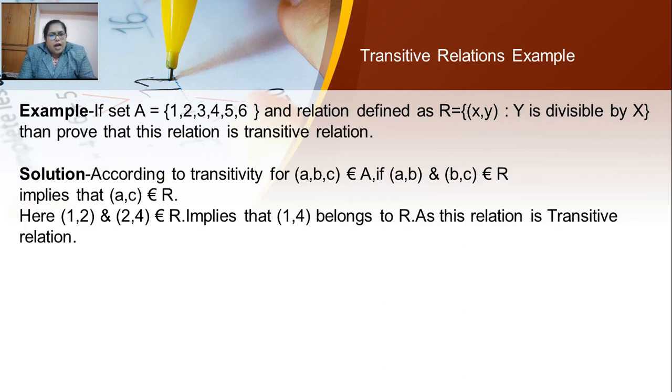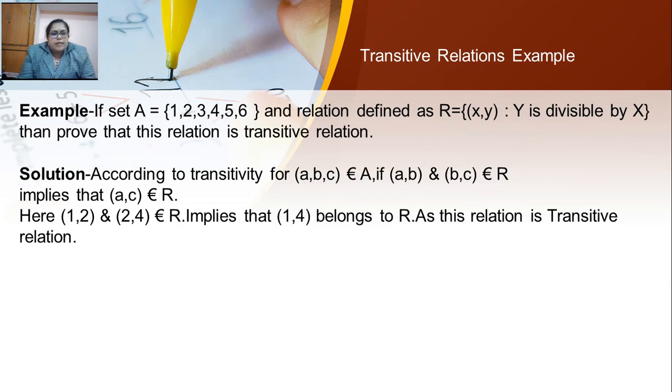Here I am discussing divisibility, so we choose elements like (1,2) and (2,4). According to transitivity, for a, b, c belonging to A, if (a,b) and (b,c) belong to R, then (a,c) belongs to R. Here (1,2) and (2,4) belong to R, because 2 is divisible by 1 and 4 is divisible by 2. So this is true for this defined relation.